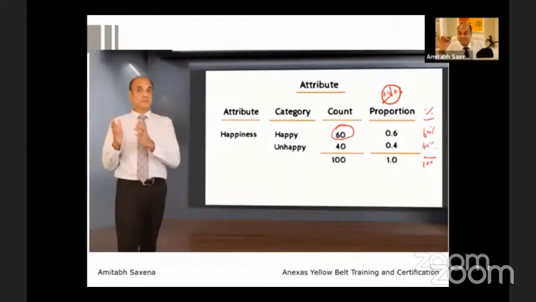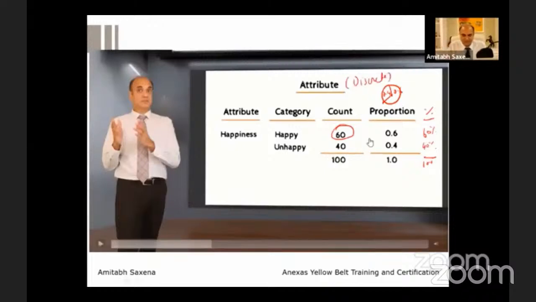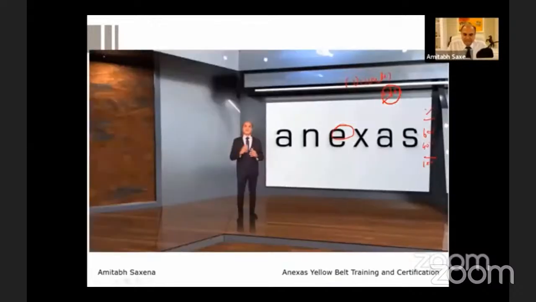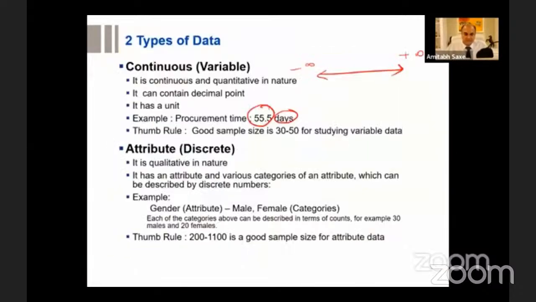That is why it is known as discrete data. So attribute data is also known as discrete data. Now we have understood the two types of data, continuous and attribute. If I am dealing with continuous data, 30 to 50 samples is good enough. It will give you all the information of millions of population.